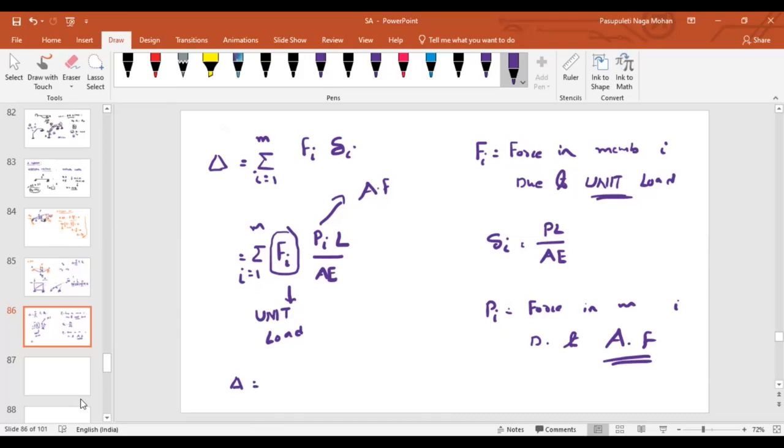But in beams or frames, we have to use integrals. The integral, as you might have heard, is capital M into small m dx by EI. With the same logic, here capital M is due to the applied load and small m is due to unit load. That we'll discuss in a couple of minutes, but as of now, be clear about this.